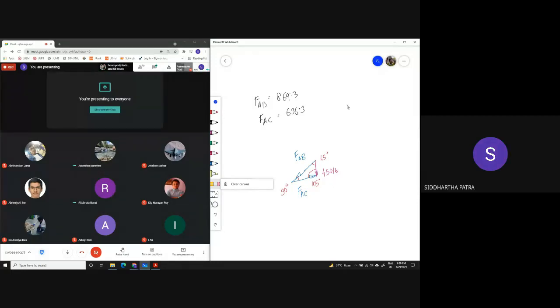So I am getting 230 for the value that is opposite to the 30 degrees. Opposite to 30 degrees, your resultant. You see, the angle between the two components is 30 degrees. That means the resultant is opposite to 30 degrees.